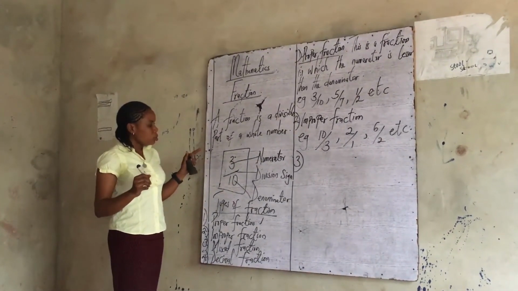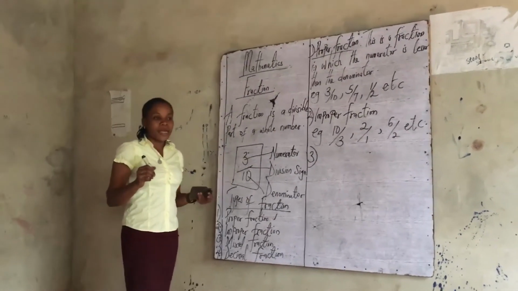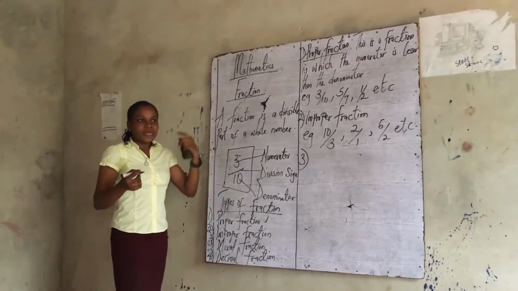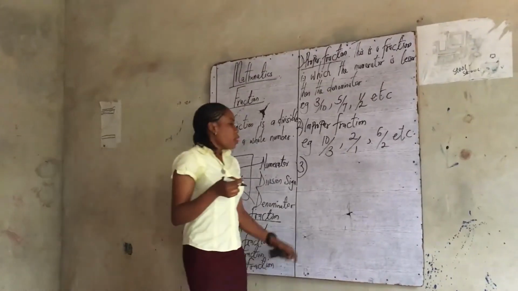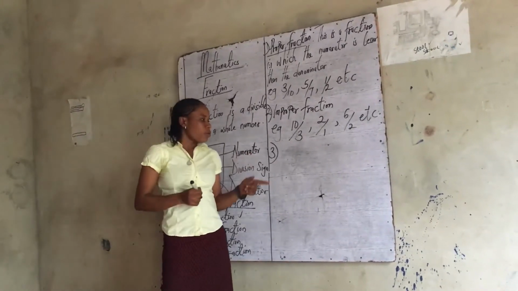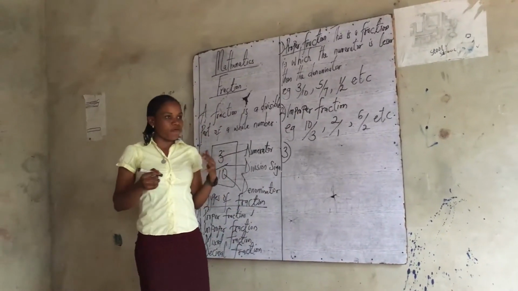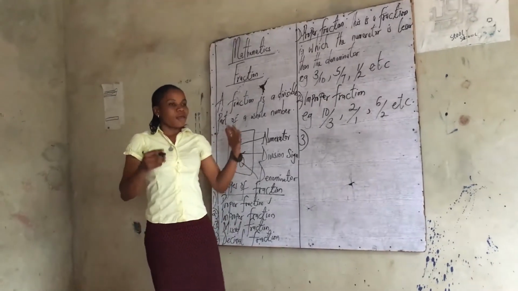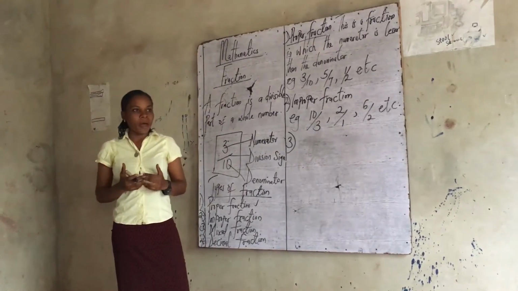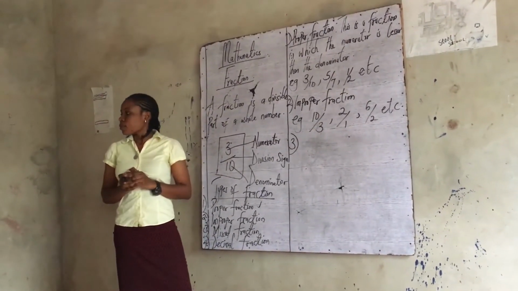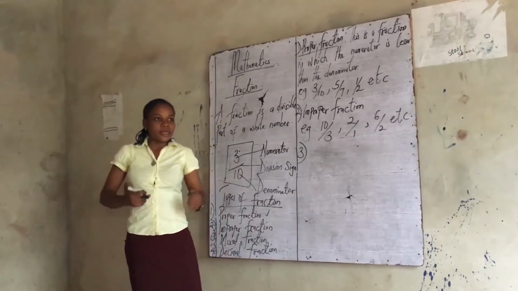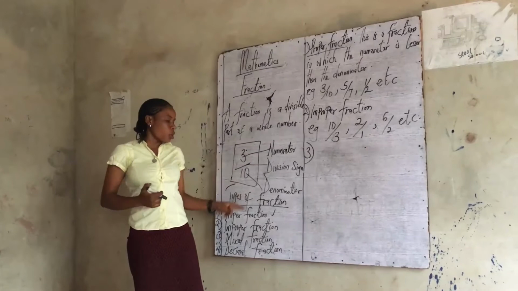Remember I told us examples of whole numbers: 3, 5, 10, 100, 25, and the rest. A fraction and a whole number combined together, that combination is what we call a what?